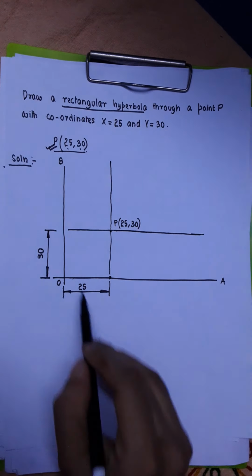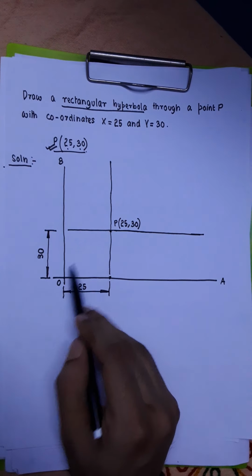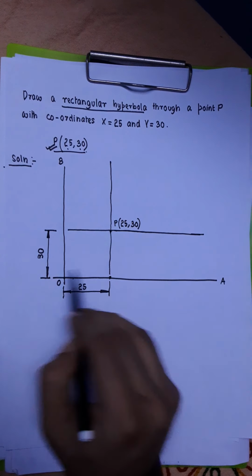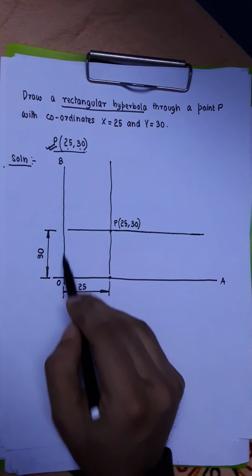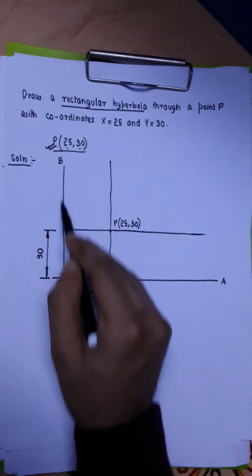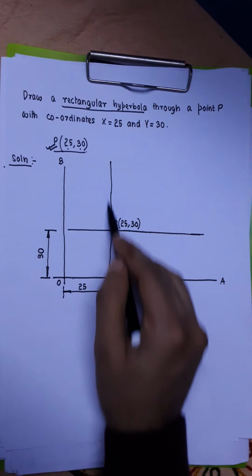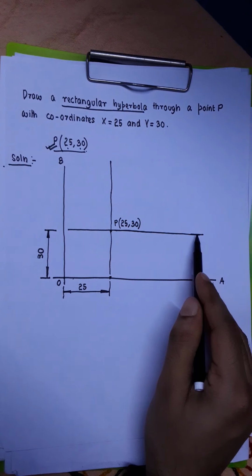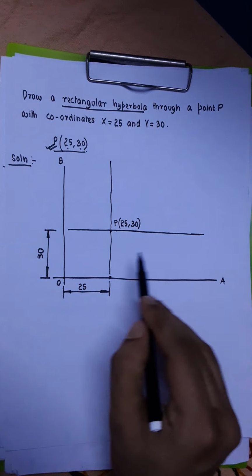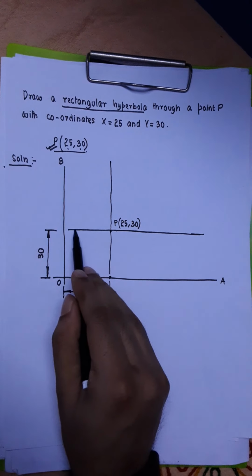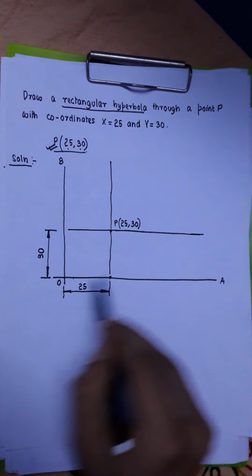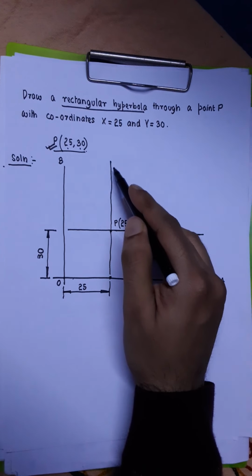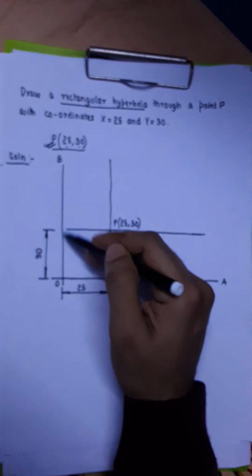It is as if you are shifting the origin from the point O to the point P, or you are shifting the coordinate axis system. From this position the y-axis is shifted here, and from this position the x-axis is shifted here. So after you locate the point P, through the point P you draw a line which is parallel to this line, and through the point P you draw another line which is parallel to this line.